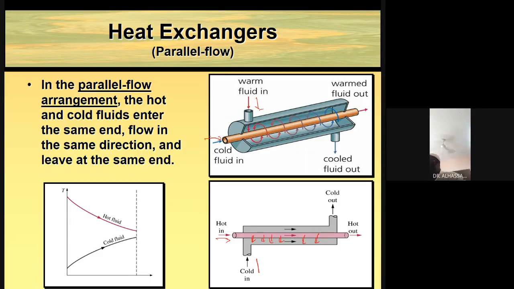It means the temperature of the cold fluid will be increasing, and the temperature of the hot fluid will be reducing like this. So this is the temperature profile for both the hot and the cold fluid.